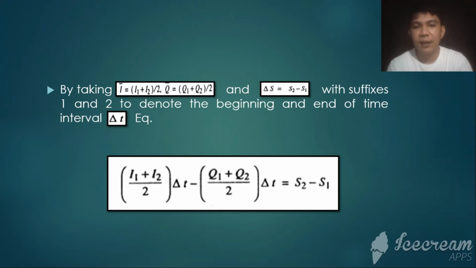By taking the average inflow, the average outflow, and the delta S, or change in storage, with suffixes 1 and 2 to denote the beginning and the end of the time interval delta t, we get this equation.